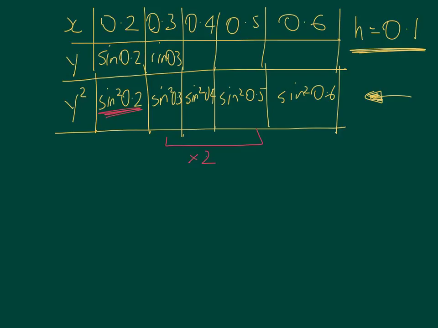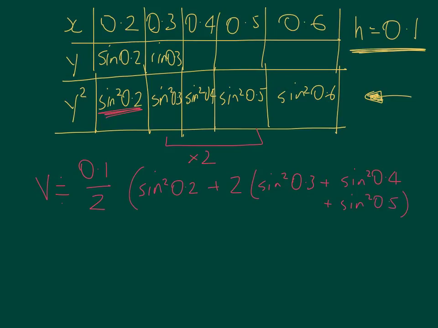And then of course we're going to have our substitution here, which we're going to need to use our calculator for. So our volume is going to be approximately equal to my height, 0.1 over 2, outside of, well, sine squared 0.2 plus, well, 2 of sine squared 0.3 plus sine squared 0.4 plus sine squared of 0.5 plus then our sine squared 0.6.